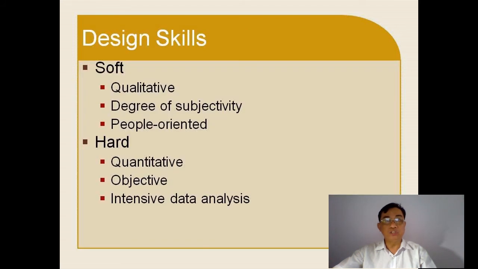Now let me go to the skills and techniques for designing a database. You should have soft skill and hard skill. In soft skill, for information content, you have qualitative search for feasible alternatives. You have interpretation of rules that can be substantive, with a degree of subjectivity, or people-oriented.